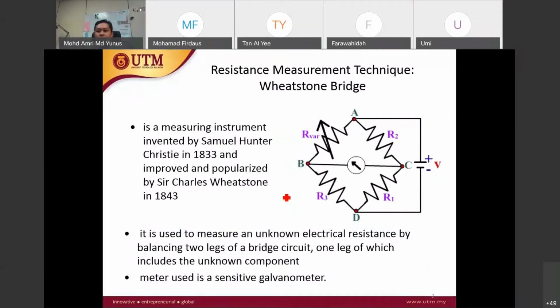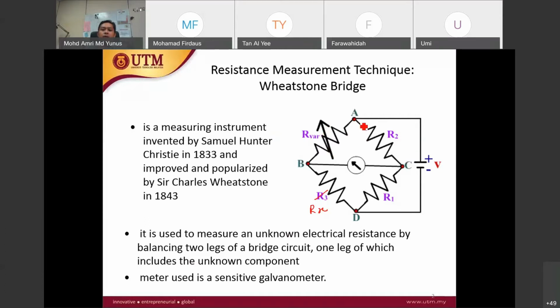It has four arms here, A, B, C, D. Between A and C, there is a fixed resistor R2, CD is R1, BD is another resistance. Let's say this is the unknown Rx, and another one here, AB, is the variable resistor whose value we change.